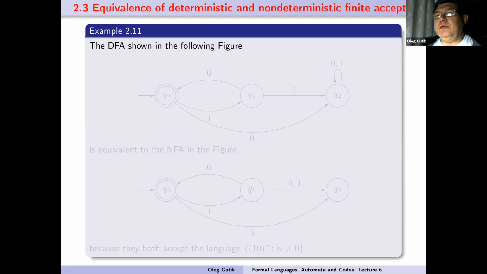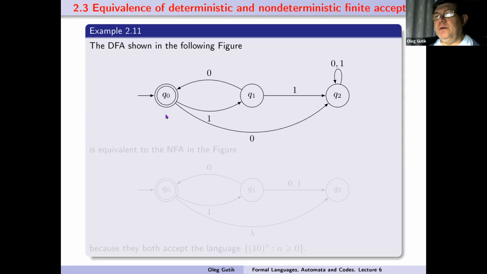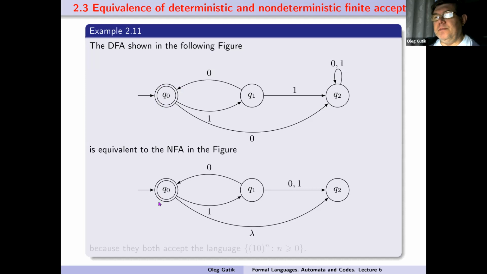Example: the deterministic finite acceptor shown in the following figure, with input state and output states, is equivalent to the non-deterministic finite acceptor in the following figure, because they both accept the language which consists of the words 1, 0 to the power n, where n is a positive integer.